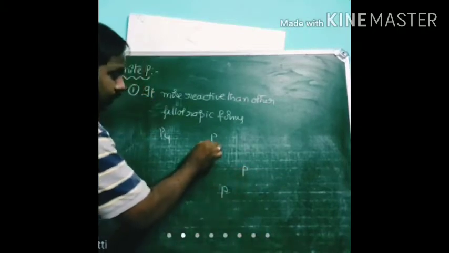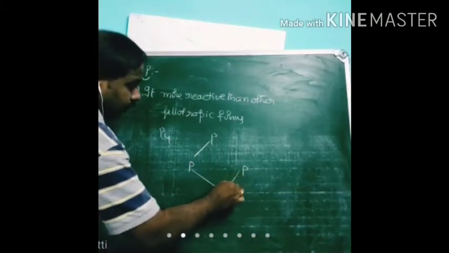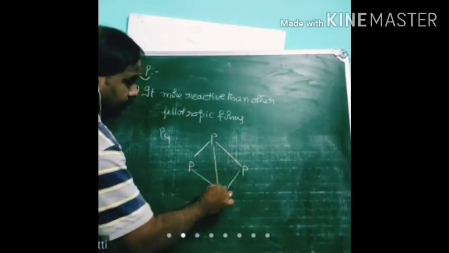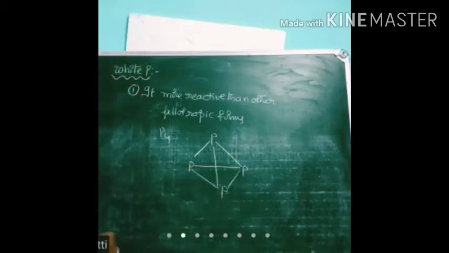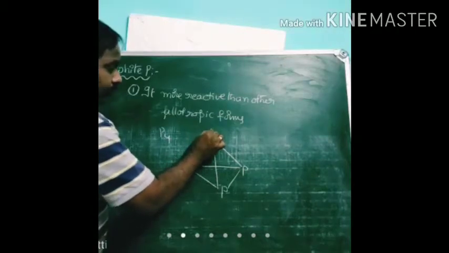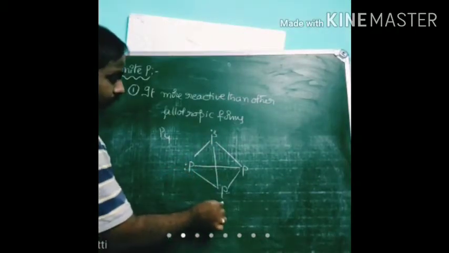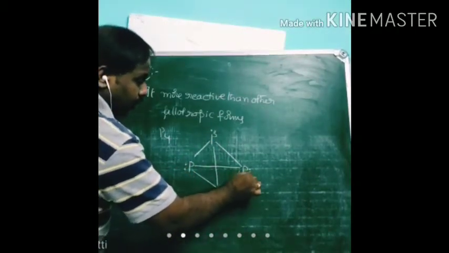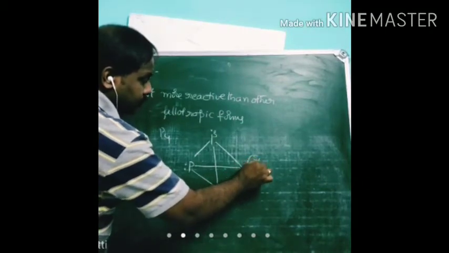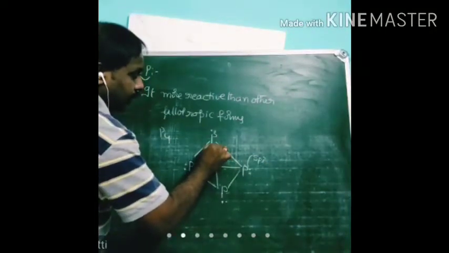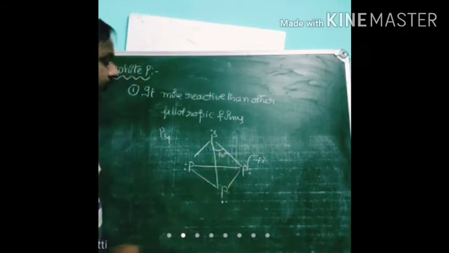Those phosphorus atoms are arranged tetrahedrally, each phosphorus linked with 3 other phosphorus by covalent bonds. Each phosphorus contains one lone pair, the hybridization of phosphorus is sp3, and the bond angle here is 60 degrees. So the bond angle is very less.